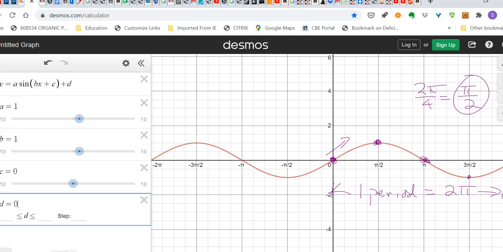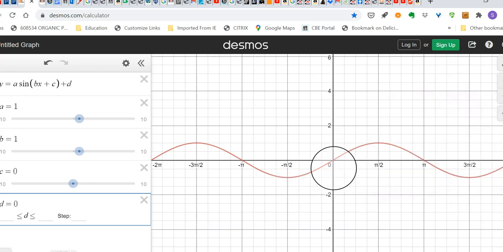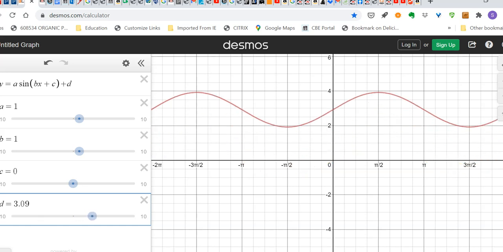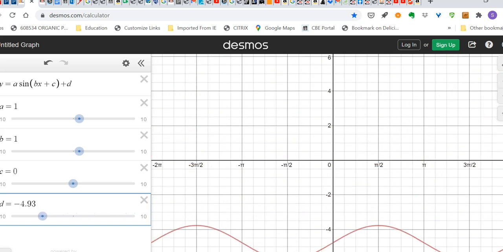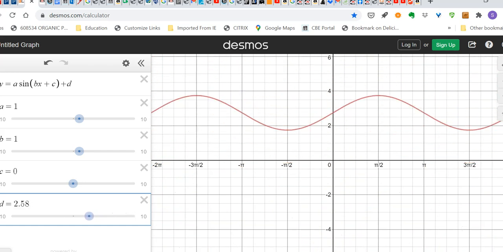All right, so what do A, B, C, D do? So I'm going to start with D. I'm going to press play. So what does it look like D is doing? And how's it moving? Up and down.